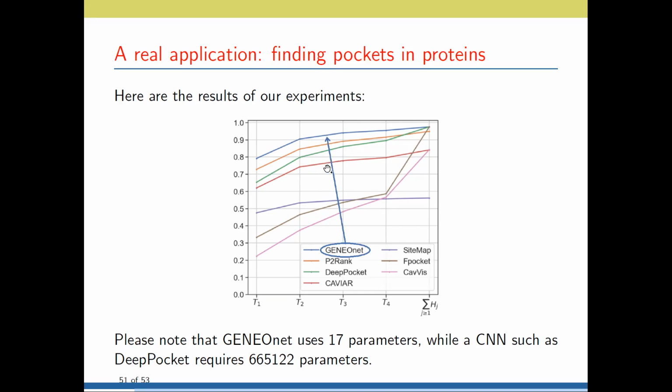The important information is that GENEONet uses just 17 parameters, while a convolutional neural network such as the one shown by the green line requires more than 500,000 parameters. When you are able to insert information in the structure, and you can localize the right part of information you have to consider, you can get better results.